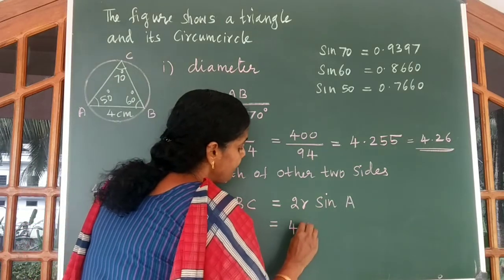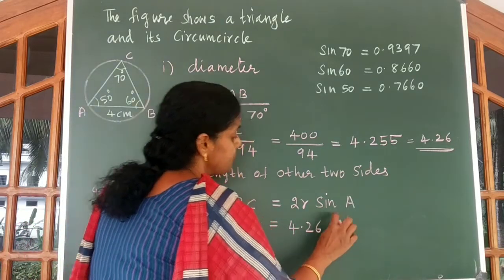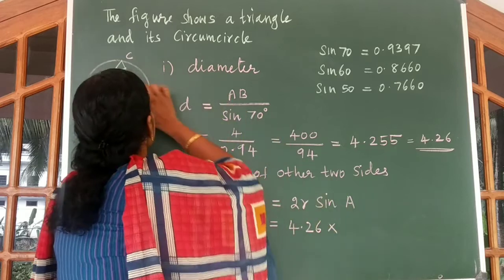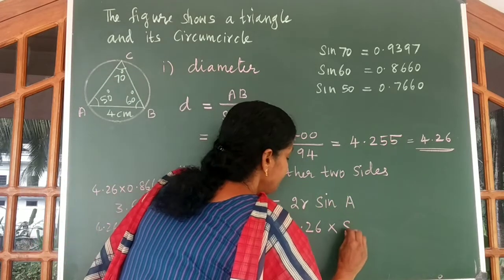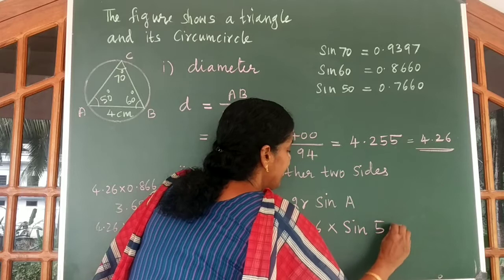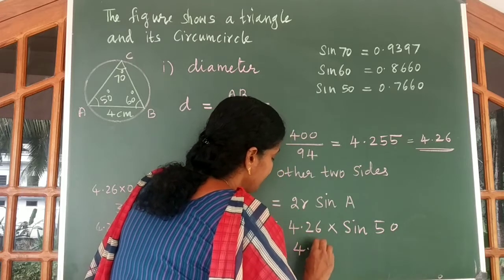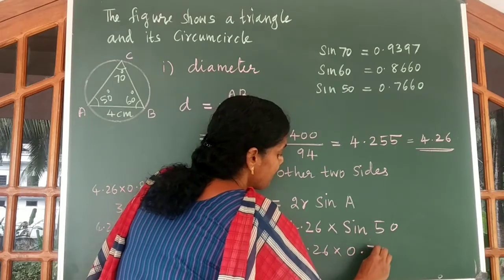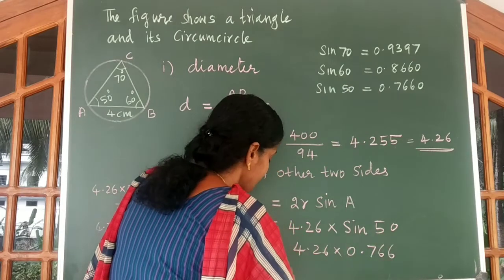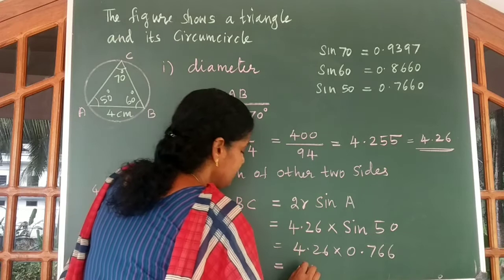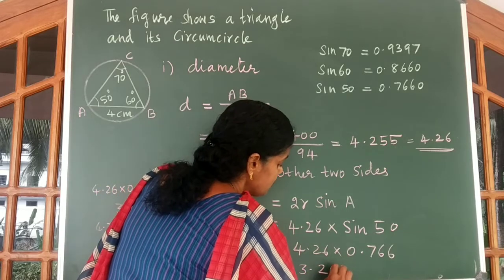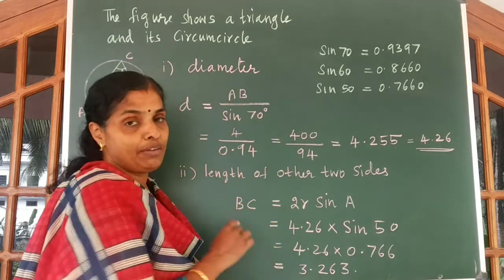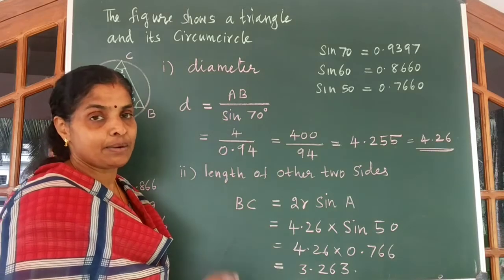So we get 4.26 into sine of angle A, which is 50 degrees. So 4.26 into sine 50, which is 0.766, gives you 3.263. Children, you have to multiply and check the answer.